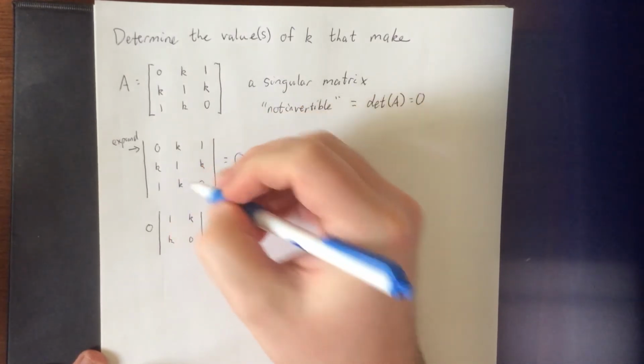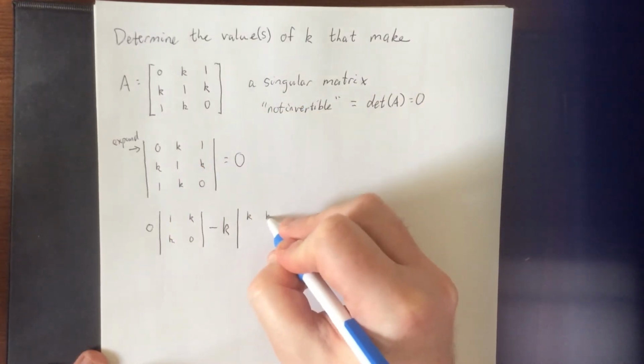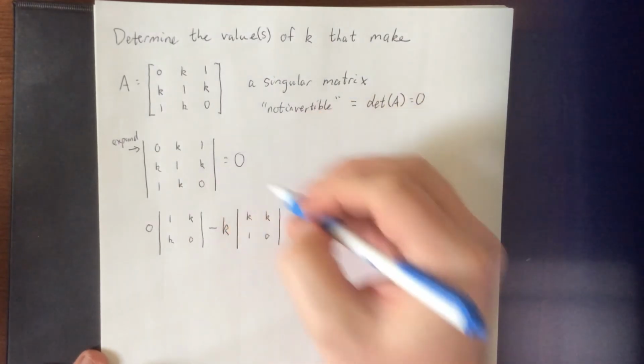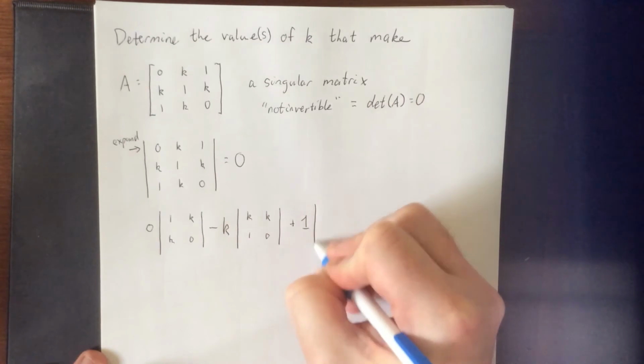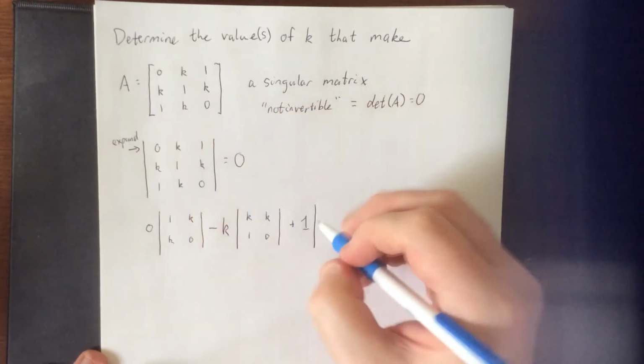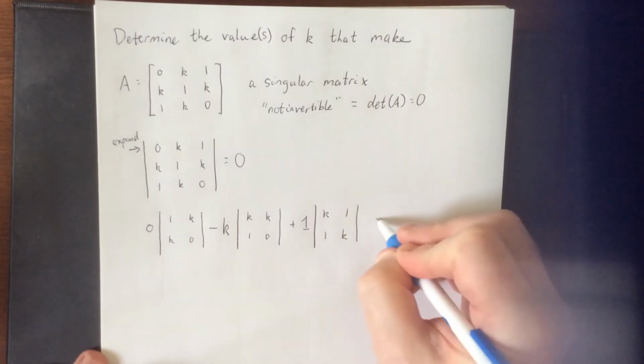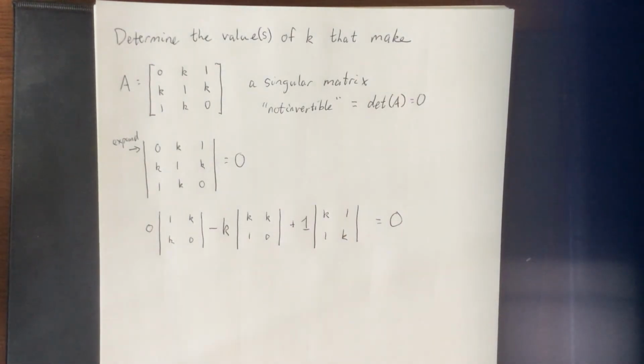Getting rid of the first row, second column, that'll be k, k, 1, 0. And for the 1,3 entry, that'll be plus 1 times the 1,3 minor. That'll be k, 1, 1, k. And again, all of this is supposed to be equal to 0.